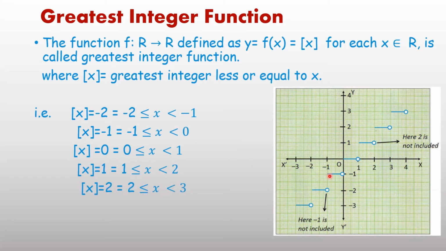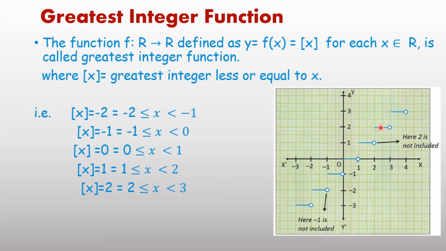And the graph is here. Here the graph represents that 2 is not included, you see less than 2 you will take, but 1 is included here, as written here, x is greater than or equal to 1 and less than 2. Always the value of f(x) you will get as 1.